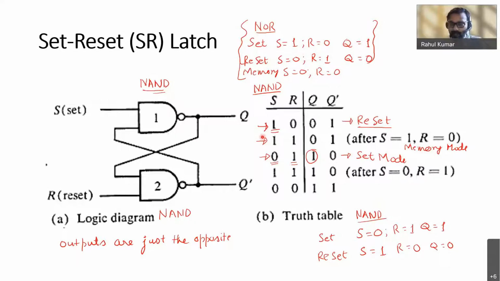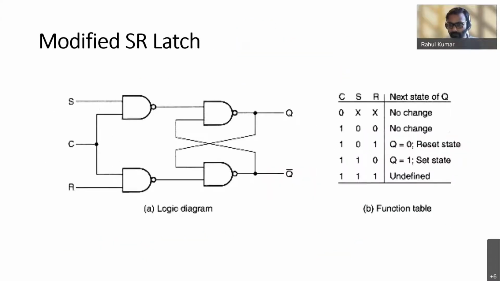The reason why I have discussed this NAND gate is because the two problems which I discussed will be solved using this NAND gate SR latch. Okay. So to solve one of the problems, what we do is we modify this SR latch. Okay. How do we modify?